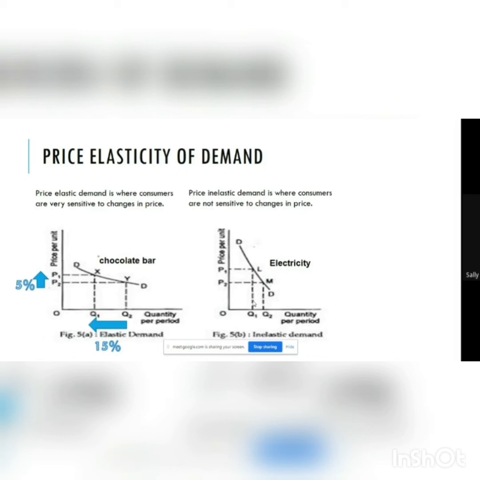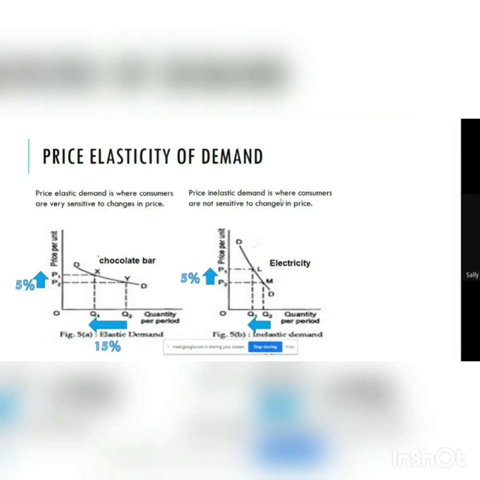So when the electricity price goes up by 5%, which is quite a lot compared to the increase in the price of a chocolate bar, the demand for electricity is reducing, but it will not be 15%. Probably it's just going to be 2%, which means the change in quantity demanded, the reduction in sales, is lesser than the change in the price. So this is called price inelastic demand.